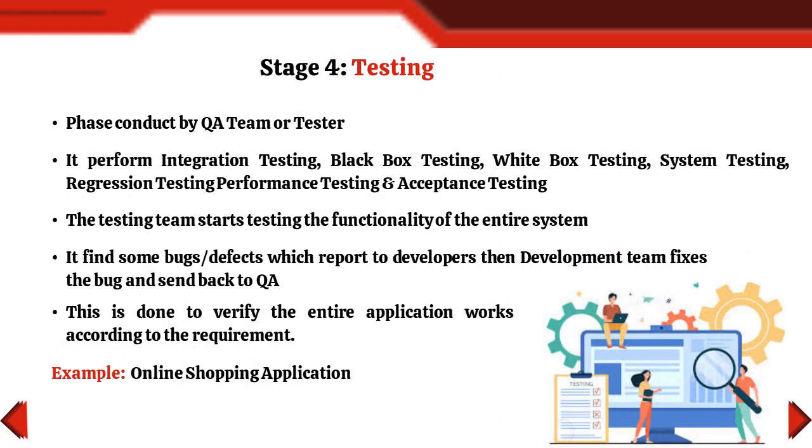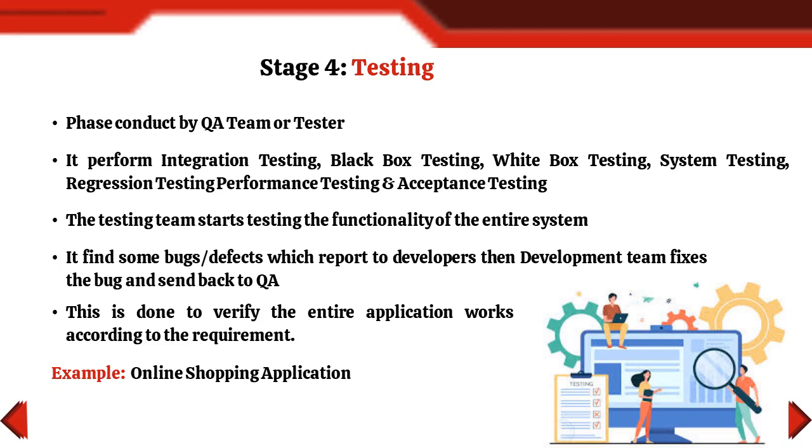The fourth stage of the SDLC is testing. This phase is usually conducted by the QA team or testers. During testing, the team checks whether the software works as expected and meets all requirements.